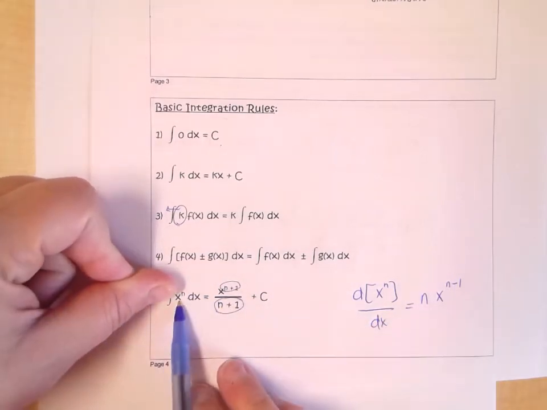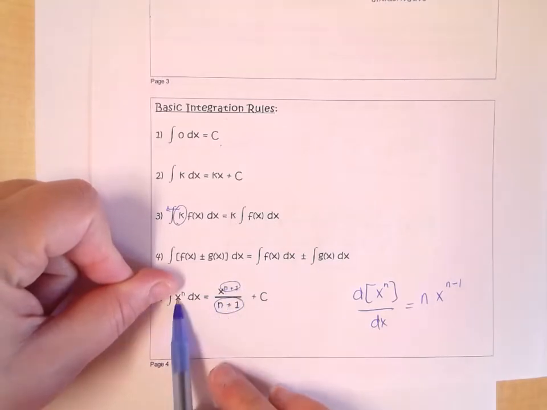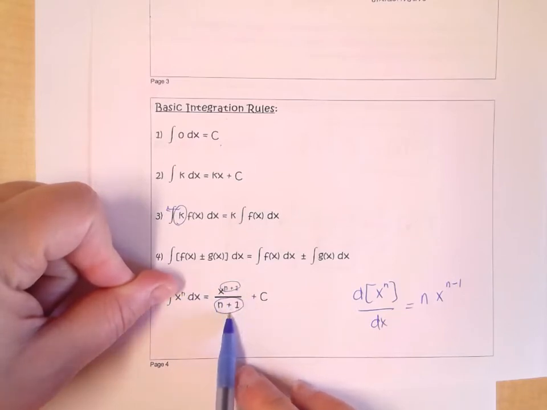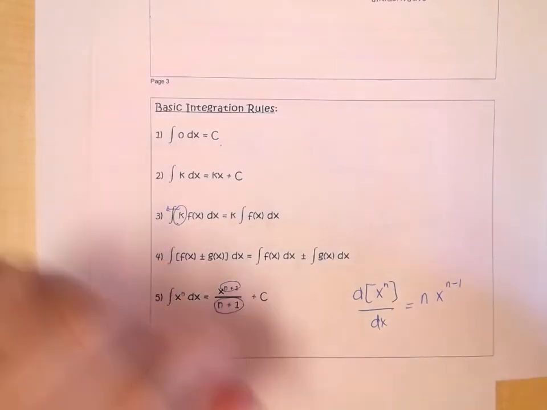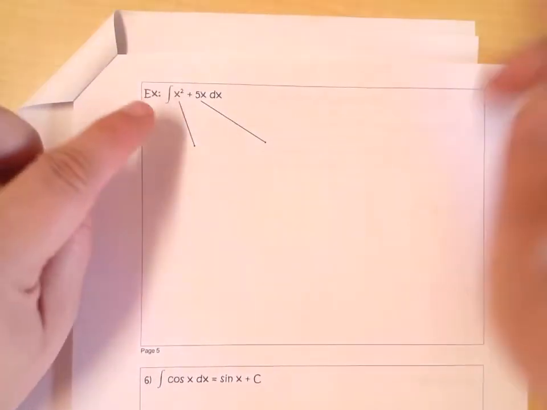So if this was x squared, it would become x cubed over 3. This was x to the 5th, that would be x to the 6th over 6.